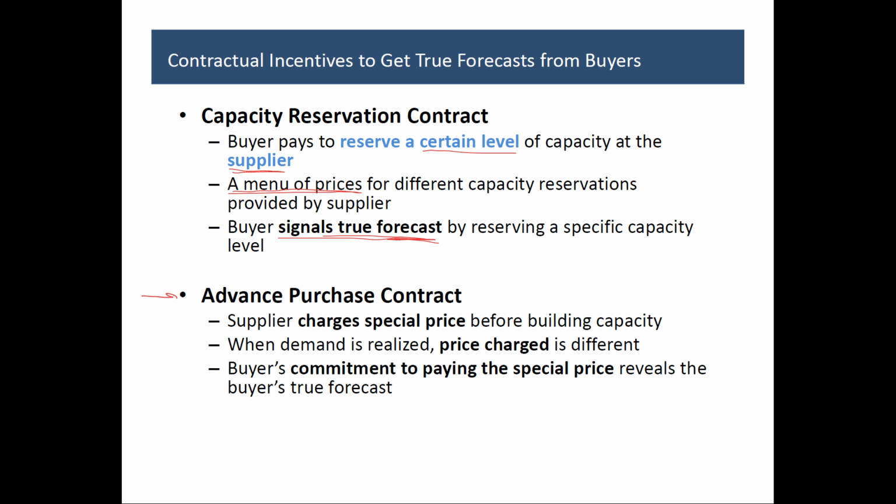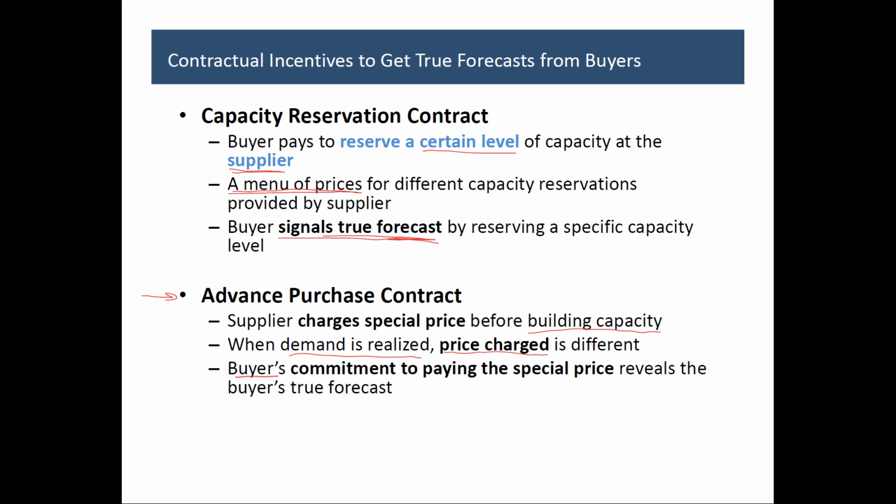Then we can have some kind of advance purchase contract where the supplier charges a special price before he builds the capacity to manufacture the items, so that he can be certain that his investment will pay off because the capacity will be needed. So when the demand is realized, then the price that is charged would be different, but at least he would be certain that the items would be sold.